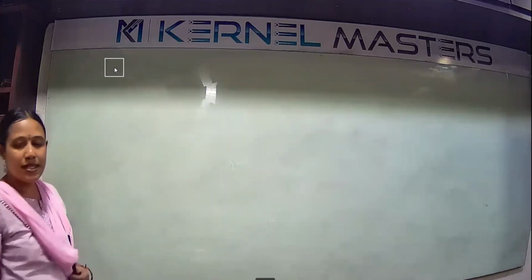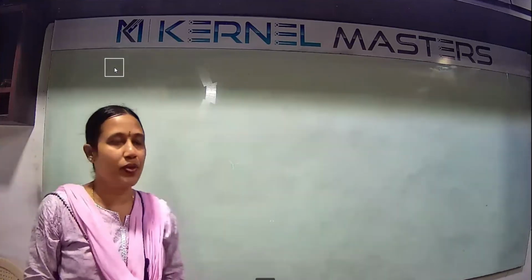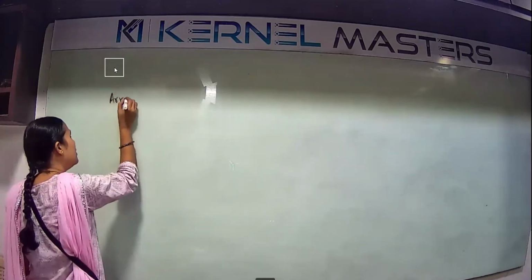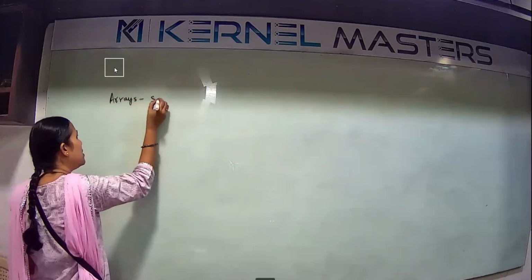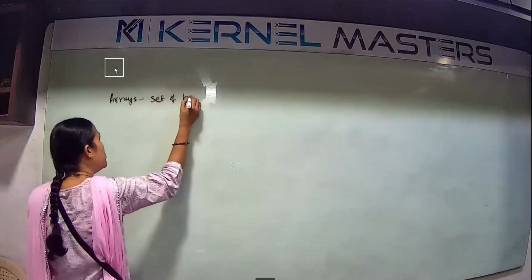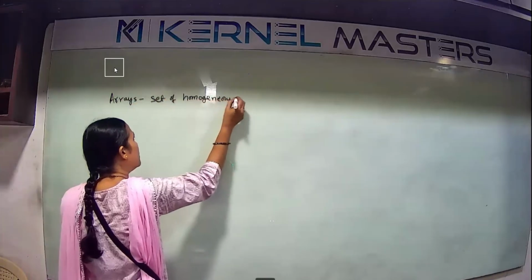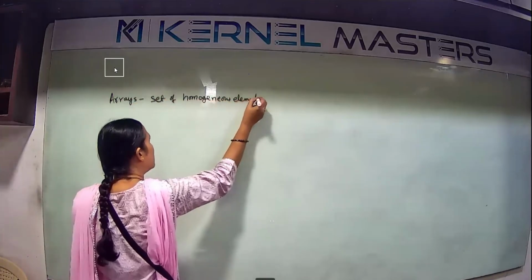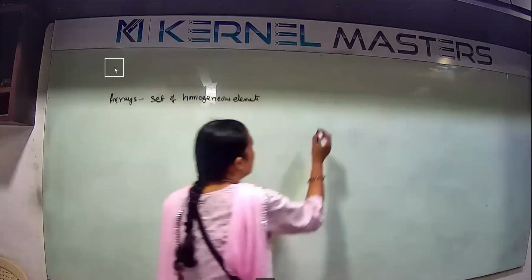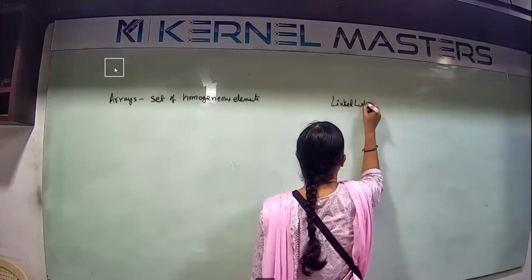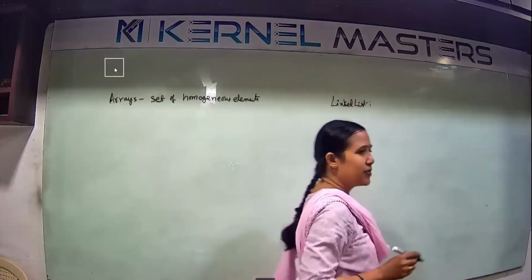Linked list is a linear data structure. We know arrays already, a set of homogeneous elements. Whenever we say list, list means the same.